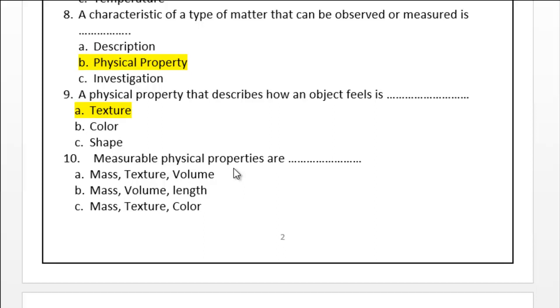What we can measure is mass, volume, length. But what we can observe is shape, texture, color, size. These are the physical properties that we can observe, but what we can measure is mass, volume, length.